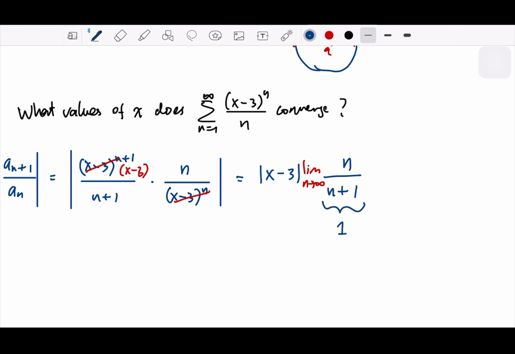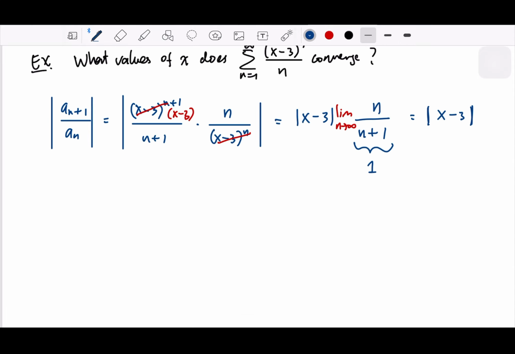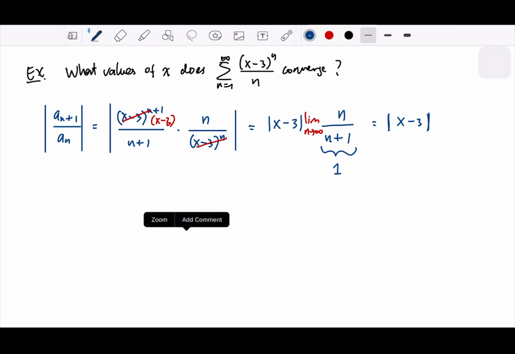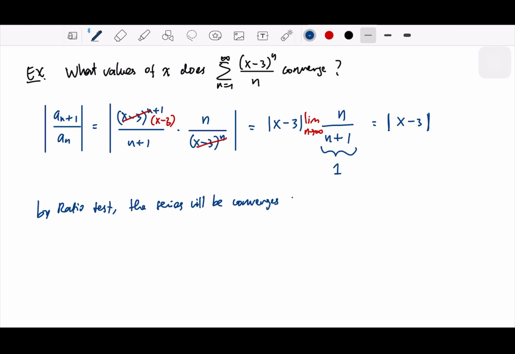So this results in the absolute value of x minus 3. Which means by the ratio test, if we are trying to write it completely, the series converges when this result is less than 1.